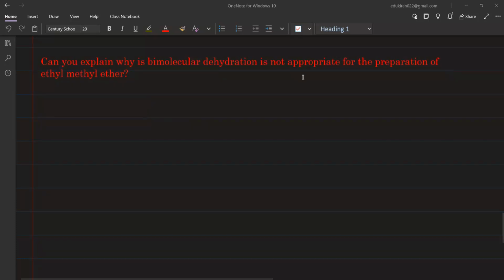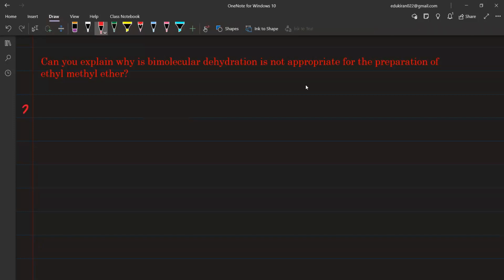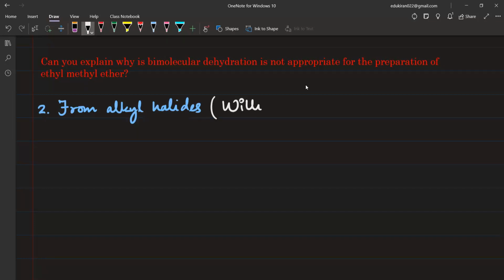Now the next reaction is very important. Please write. Second one, from alkyl halides. Bracket में लिखिए a name reaction which is Williamson ether synthesis. Williamson ether synthesis.